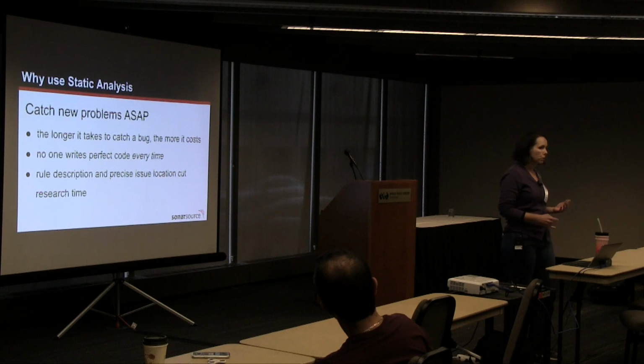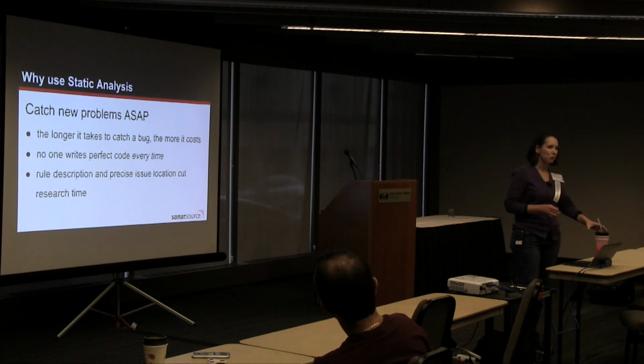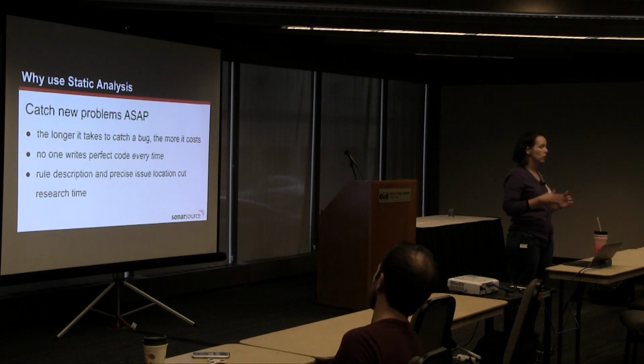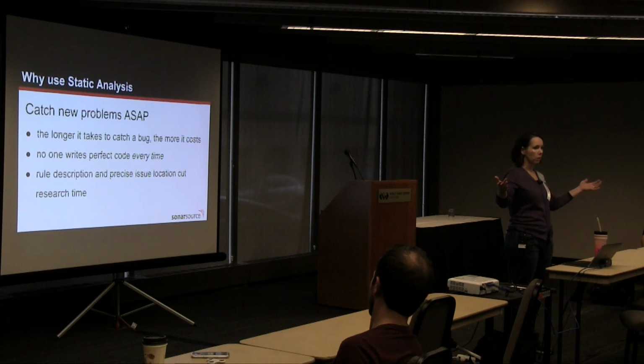And the reasons to use static analysis are manifold, but I'll limit myself to a few. First of all, I think probably everyone in this room is familiar with the statistics about what it costs to fix a problem when it's found late in the process versus when it's found early in the process. Using static analysis, there are some of the dumb things that we can catch very early.